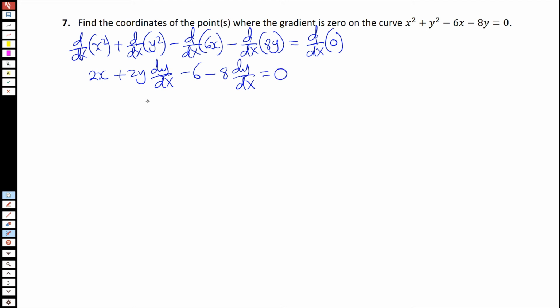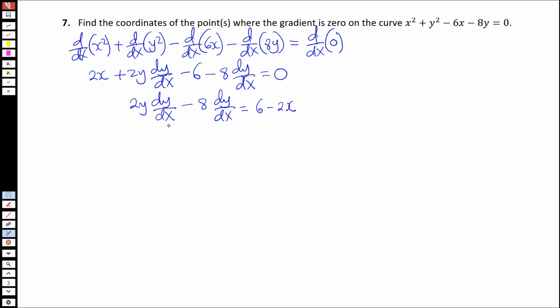And then we can collect like terms together, the dy over dx's. So basically we'll have 2y dy over dx minus 8 dy over dx will be equal to 6 minus 2x.